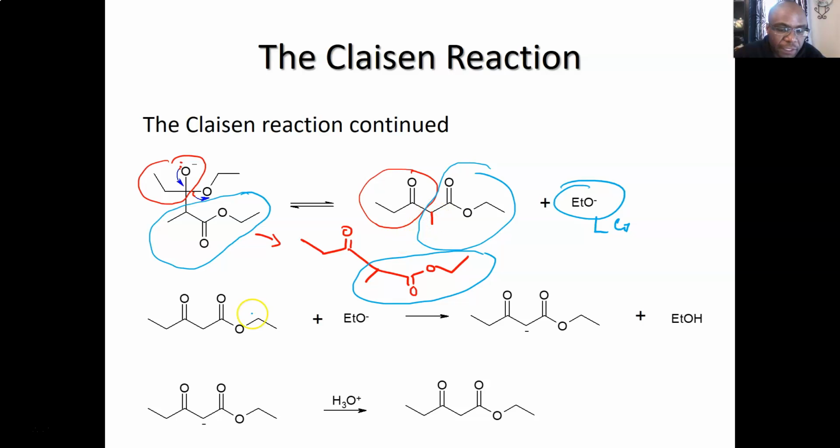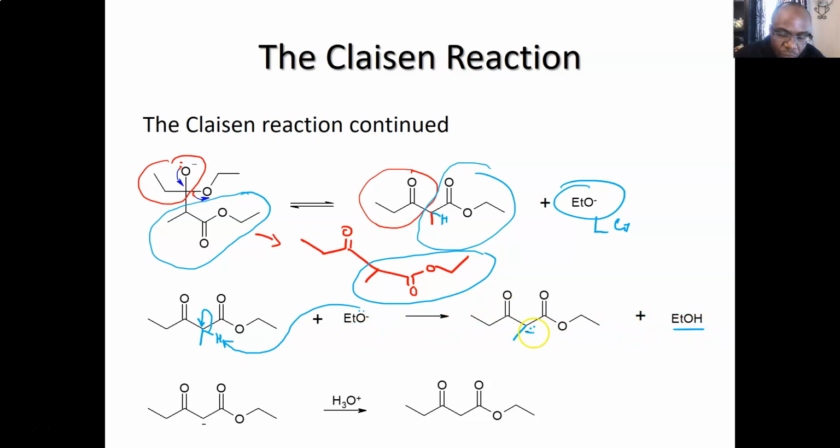Okay, now what was formed here, there's a methyl group, what was formed here can still react with the alpha hydrogen. There's an alpha hydrogen right there, so you can use the base again to take out the alpha hydrogen to make a negative charge. So the methyl group is there, the lone pair is there with the negative charge, so you get ethanol.